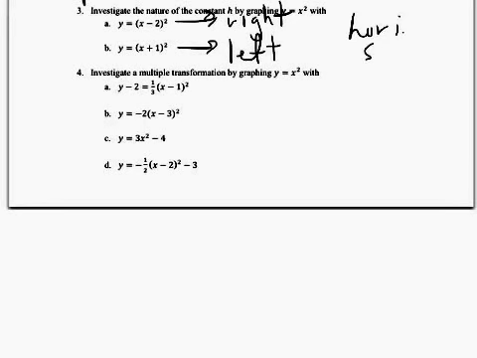Good. So this is a horizontal shift, right? The x minus 2 quantity squared. Did that slide right or slide left? It shifted to the right. But the x plus 1 shifted to the left. So we can say this is a horizontal shift. Okay, a horizontal shift.